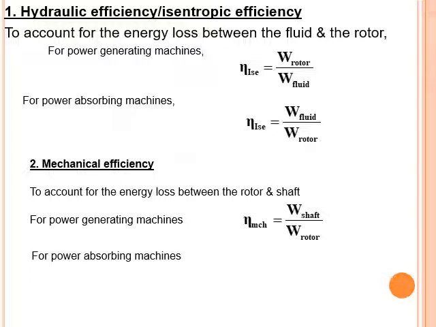In a similar manner, for power absorbing turbo machines, the mechanical efficiency is given by the work available in the rotor to the work supplied by the shaft. So these are the different expressions used for turbo machines related to efficiency: hydraulic efficiency or isentropic efficiency, and mechanical efficiency.